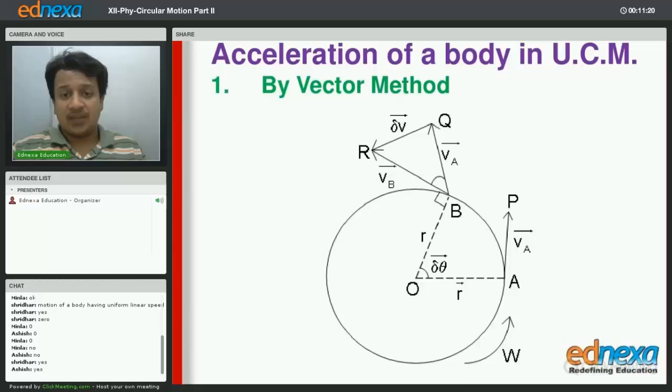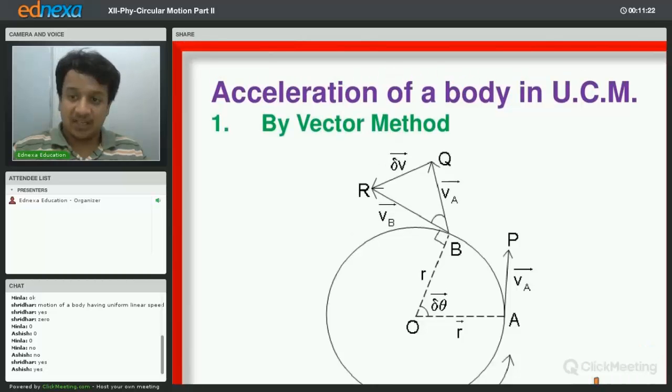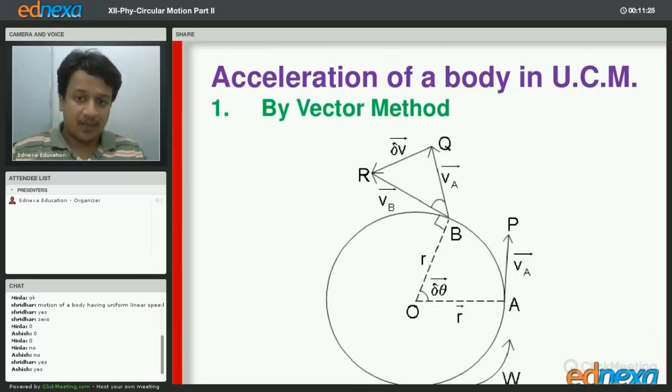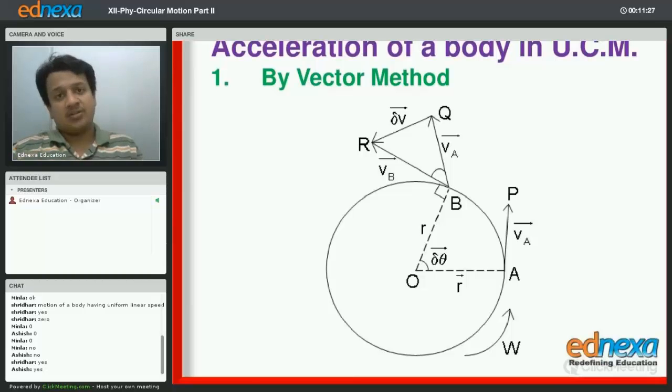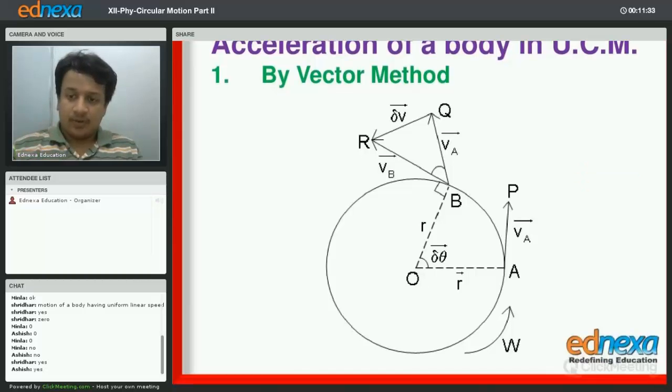Acceleration of a body in UCM, that is centripetal acceleration of a body in UCM. There are two methods. We are going to study the vector method over here. Now, just pay attention carefully.